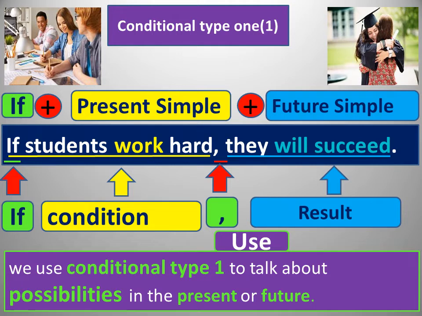We use conditional type 1 to talk about possibilities in the present or future. Like here, if students work hard, in the future they will succeed. So we have a possibility: if they work hard they will succeed.